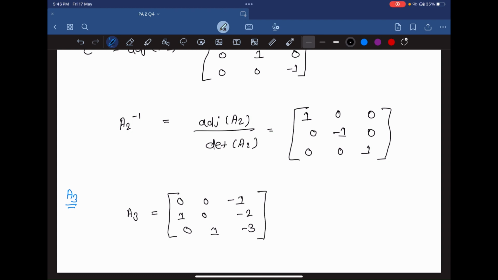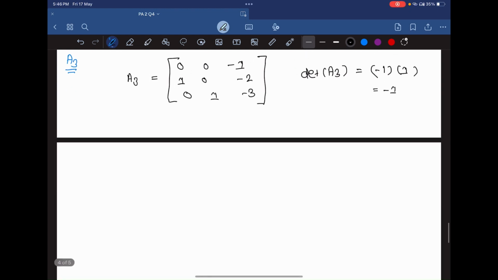So let's calculate the determinant for matrix A3. I will be calculating determinant along this row, and its determinant would be minus 1 times 1. So that is again minus 1.